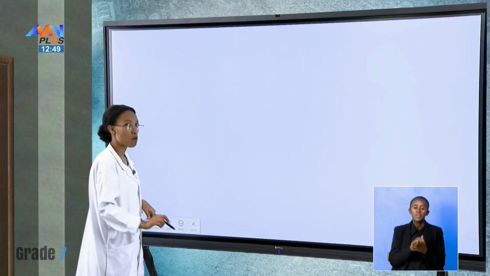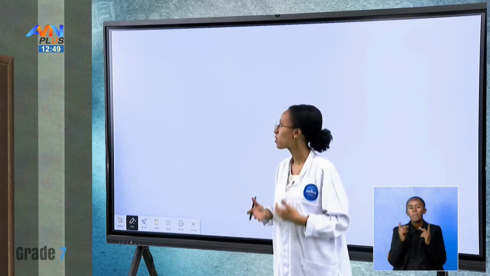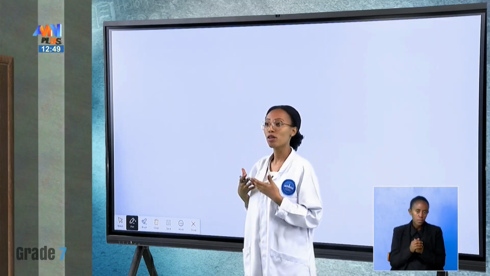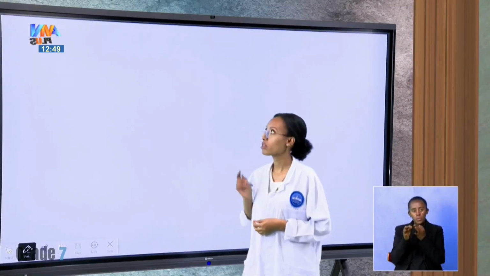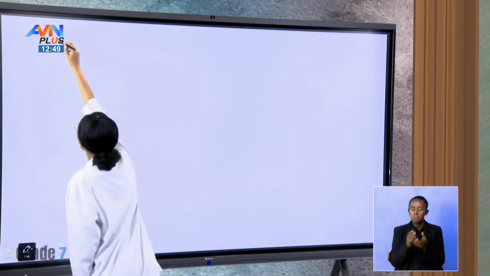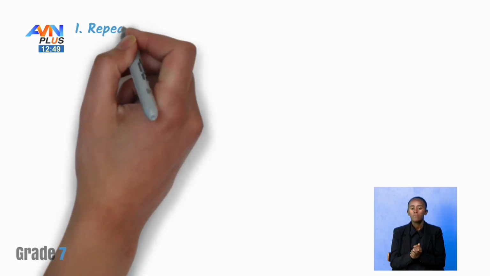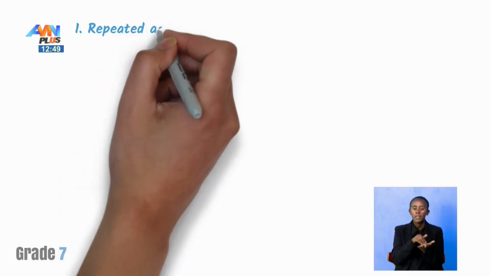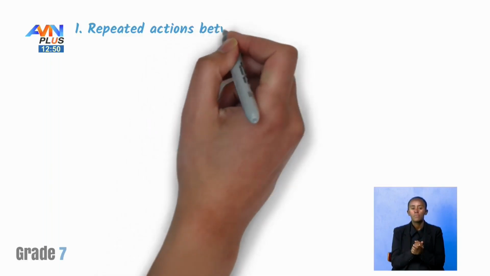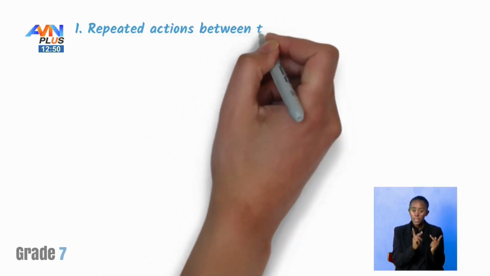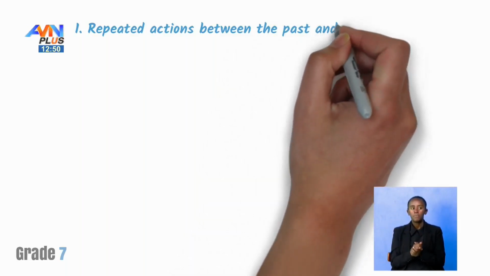Okay. So in what situations do we use the present perfect form? We use it in three main ways. Let's see them. The first one is repeated actions between the past and the present.